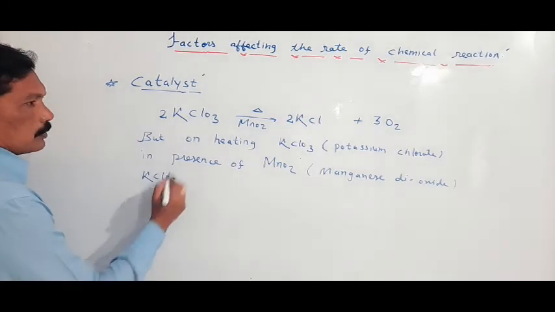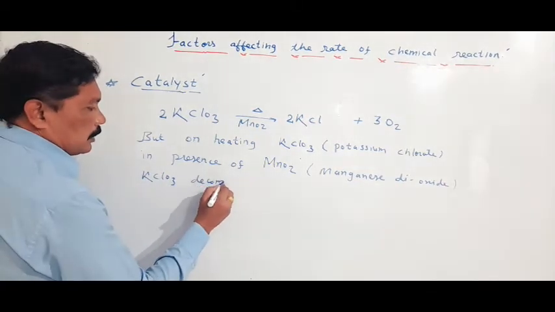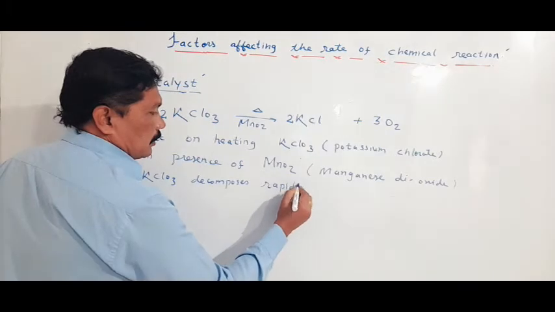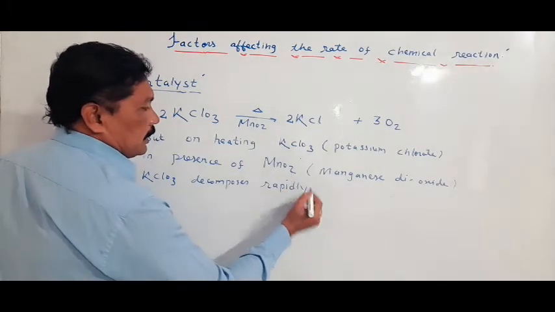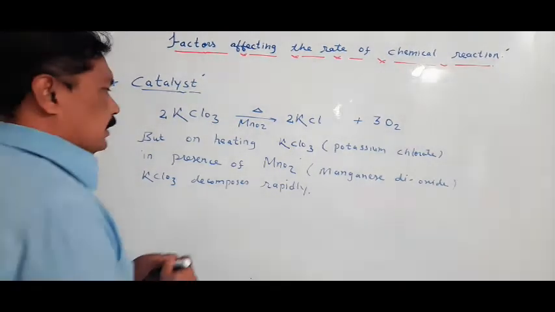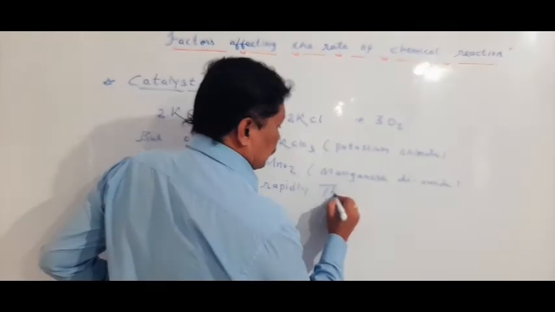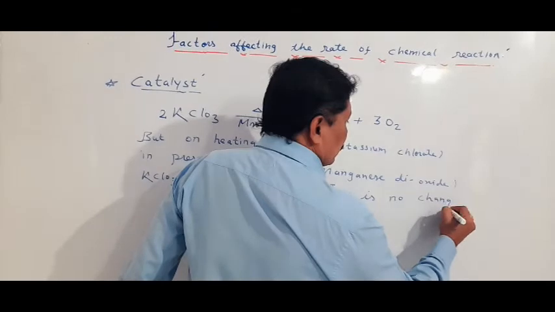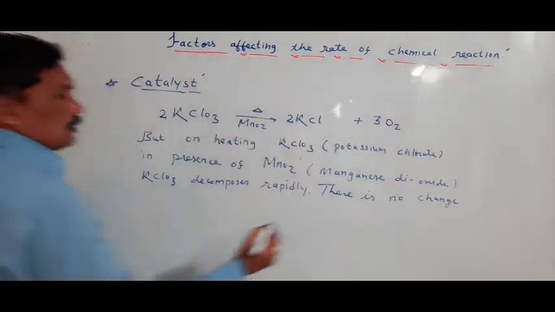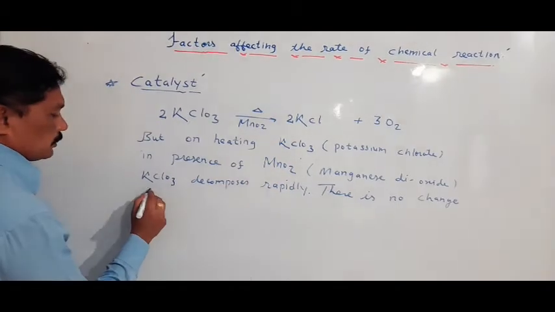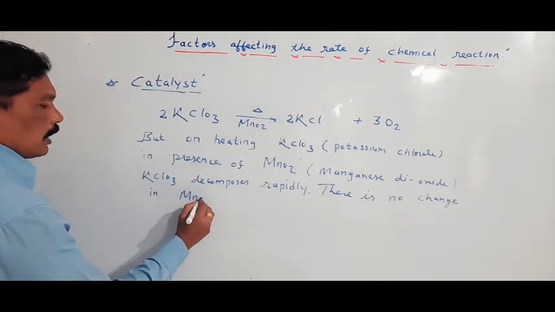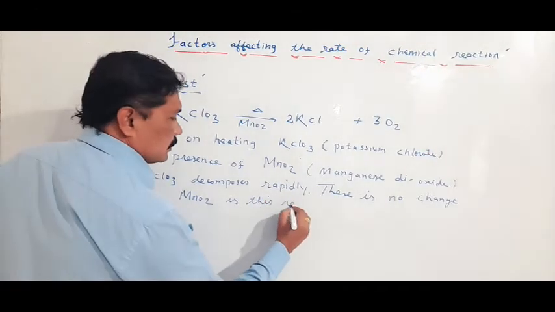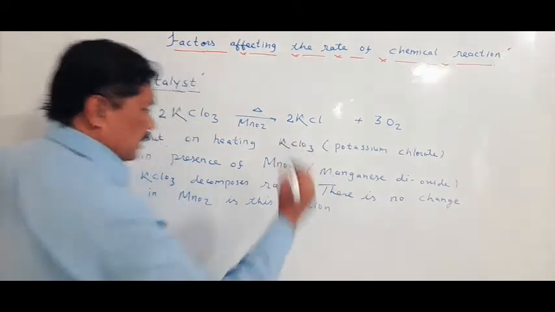Potassium chlorate decomposes rapidly. There is no change in MnO2 in this reaction.